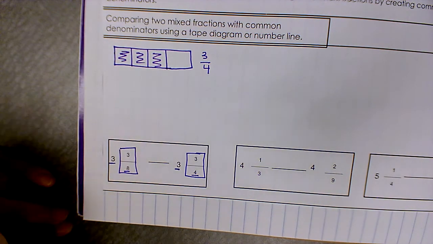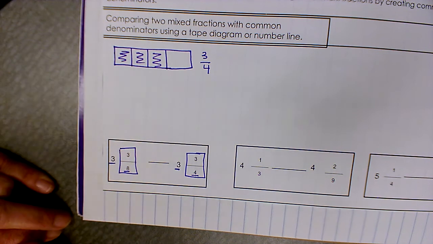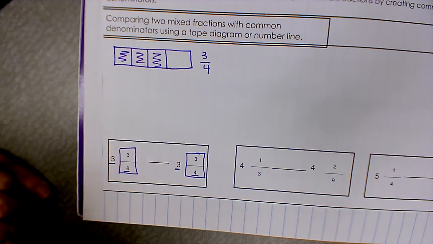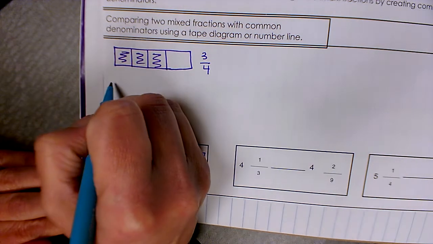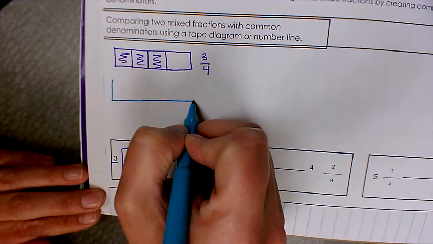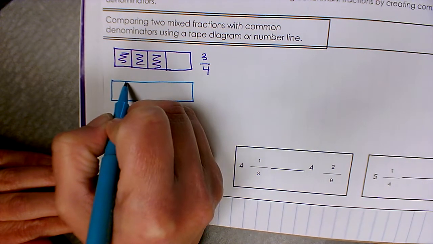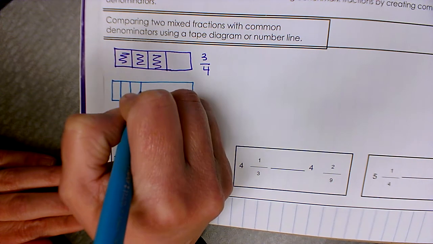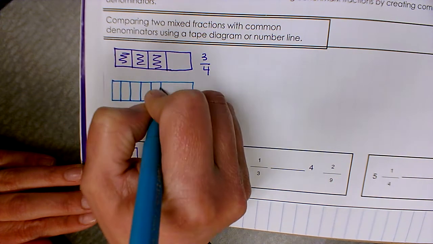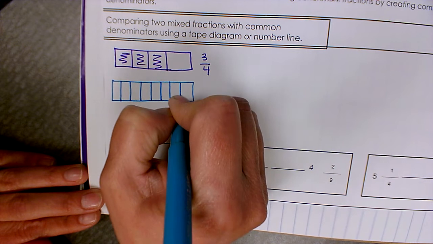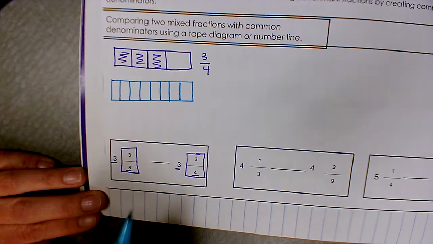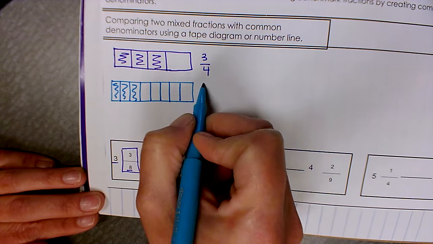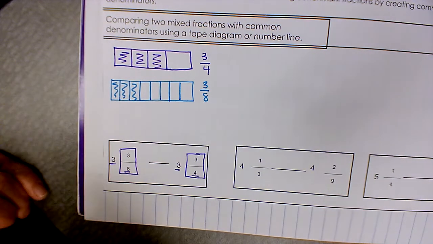Then I want to represent 3/8, so I'm going to do this one. 1, 2, 3, 4, 5, 6, 7, 8. There's 8 parts, and I'd color in 3. 1, 2, 3. So there's my 3/8.